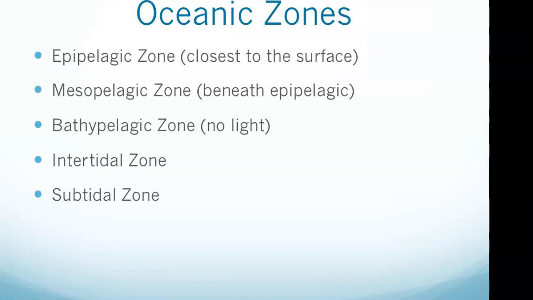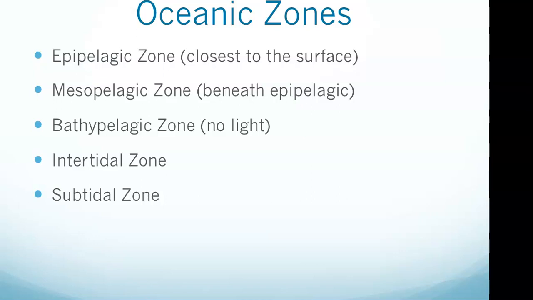And then we have these oceanic zones. Oceanographers have divided the ocean into zones based on how far light reaches. The Epipelagic Zone is one of the closest to the surface and is the best lit. The Mesopelagic Zone, where only small amounts of light penetrate, lies below the Epipelagic Zone.